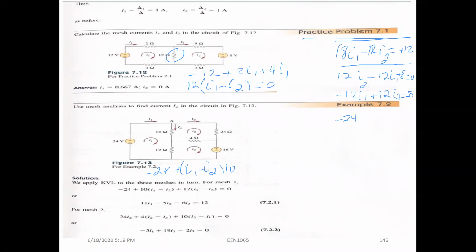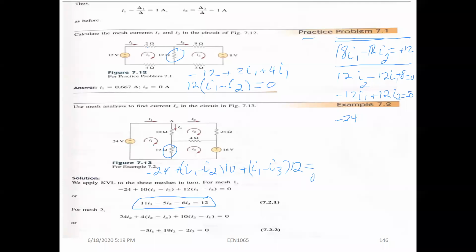And then for this resistor here, because it is common between mesh 1 and mesh 3, it will be I1 minus I3 multiplied by 12 equals 0. And then you can collect the similar terms on one side and the number on the right-hand side.